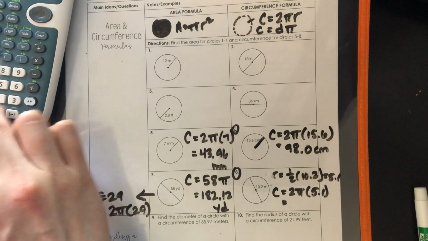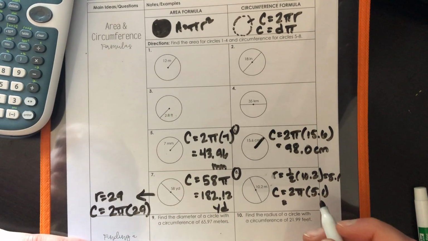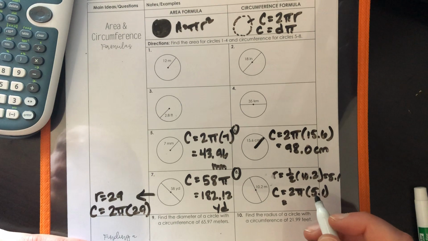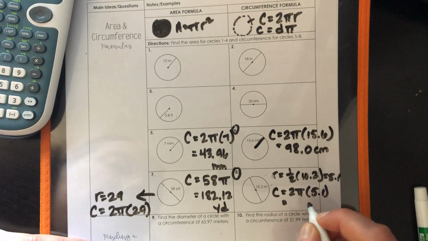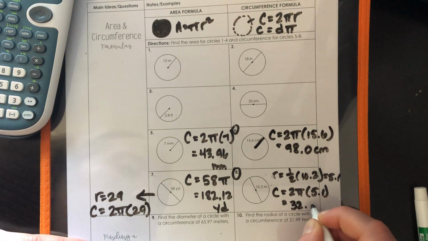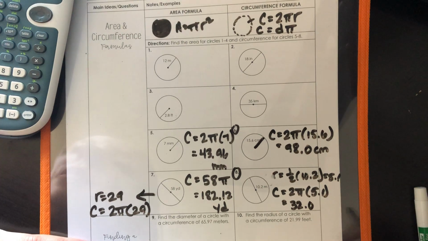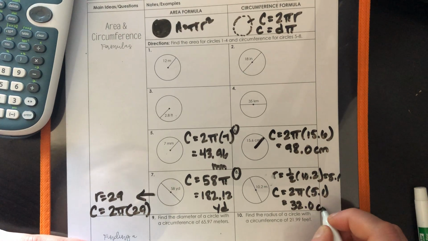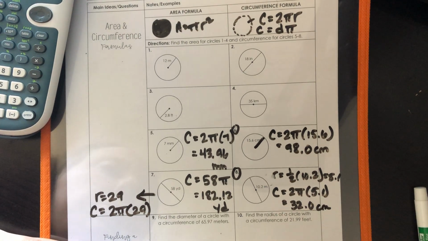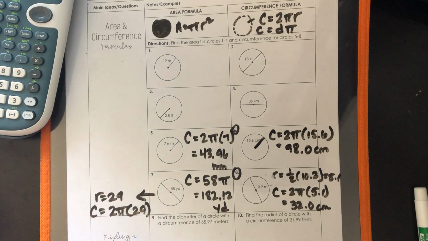So if I do that times 3.14, we get 32.0 or 32.03. All right, so it's a matter of pizza sauce versus pizza crust. Am I given radius or diameter? Okay. So that is a refresher on that.